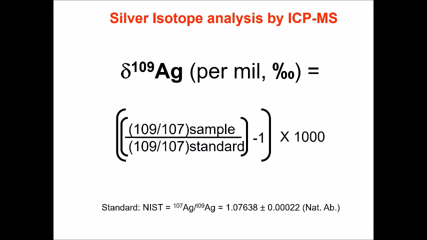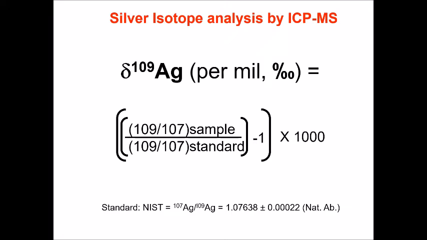Not only did we analyze the growth mechanism, texture, and crystallinity of the wires, both synthetic and natural, but we also looked at their chemistry, and more specifically, their isotope chemistry. The data that I'm going to show you are given in del 109, and this equation describes what those values mean.